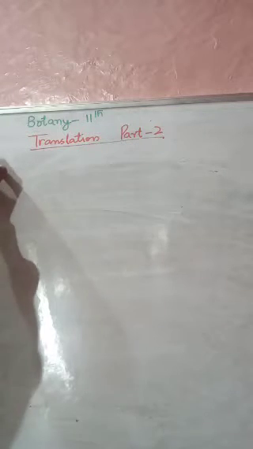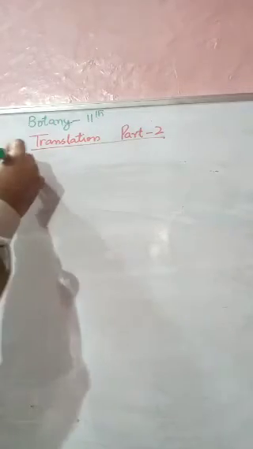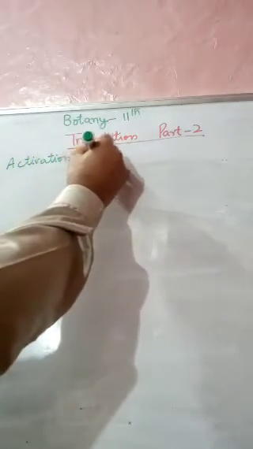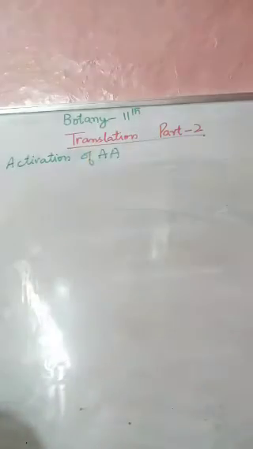Last time we started this topic, translation, and we discussed that there are various steps which take part in the process of translation. The first step which we discussed is activation of amino acids.